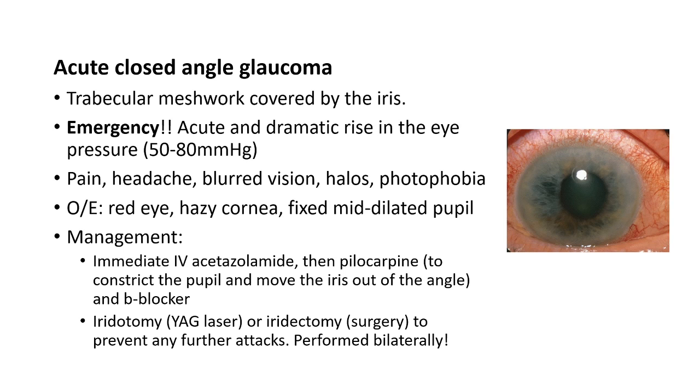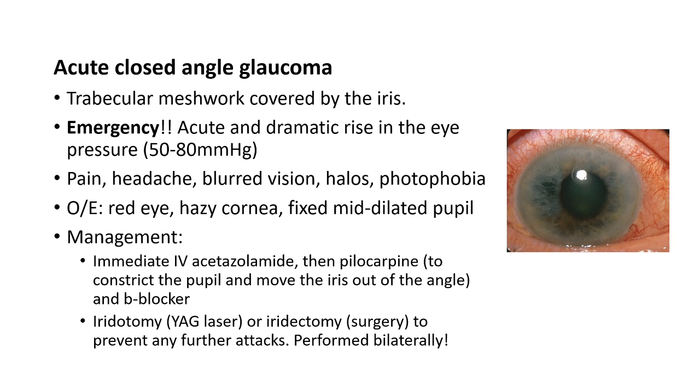Closed-angle glaucoma is when the trabecular meshwork is covered by the iris. This is an emergency because the intraocular pressure can increase acutely to reach 50 and 80. This patient will complain of painful eye, headache, blurred vision, halos, and photophobia.